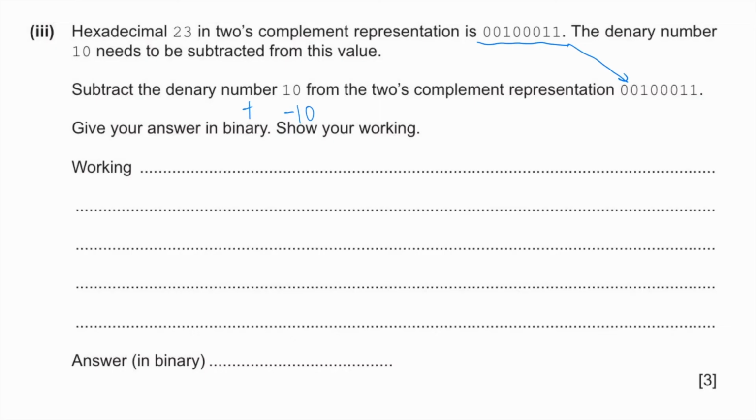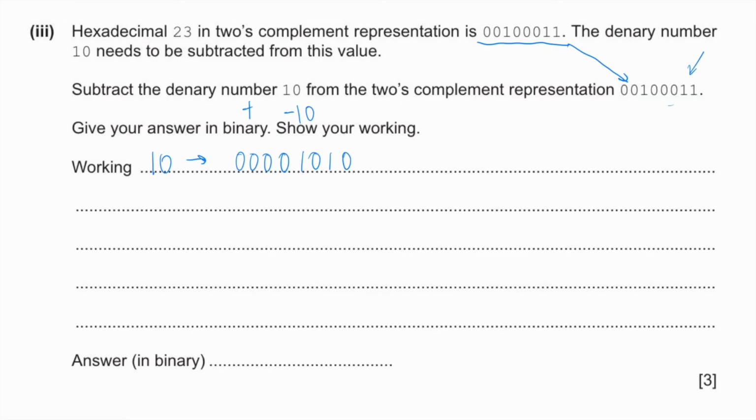This is actually 8 bits right here, so we're going to represent positive 10 in 8 bits. So 10 is going to be probably 0, 1, 0, 1. That's really all we need, right? To the power of 0, 1, 2, 3. And then we're just going to have 4 other bits because it's going to be 8 bits.